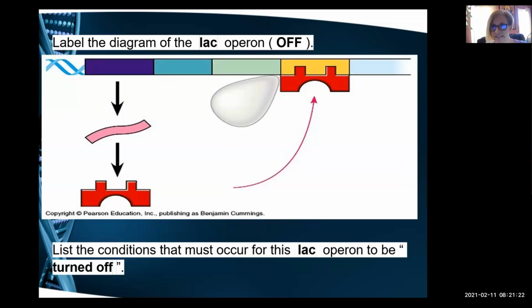In this particular case, it must not be present, right? Because lactose would bind to it and release it. So in the first one, in the repressible, the product binds and turns it off. And then in the second one, the inducible, the repressor is released and it's turned on.